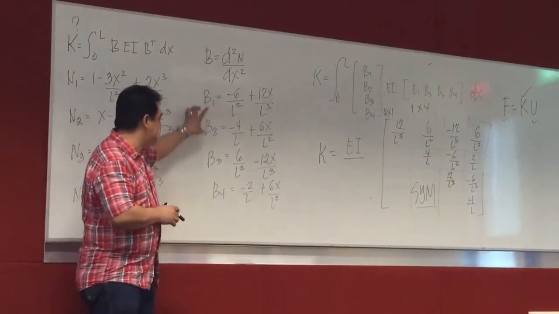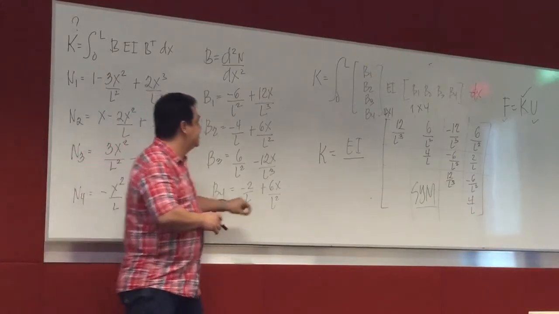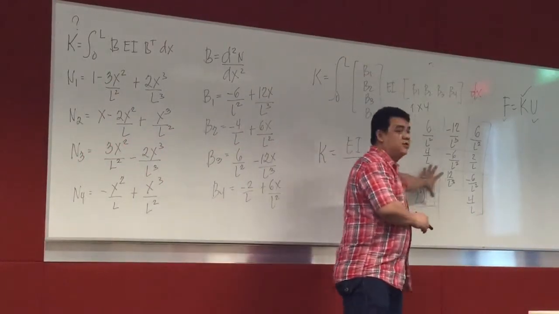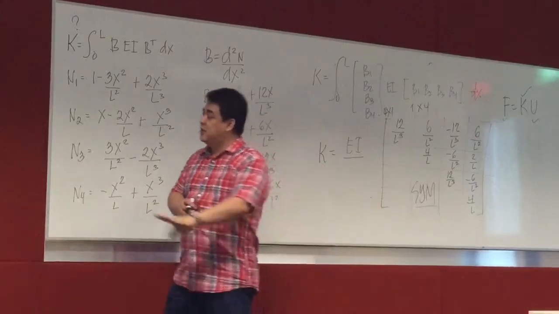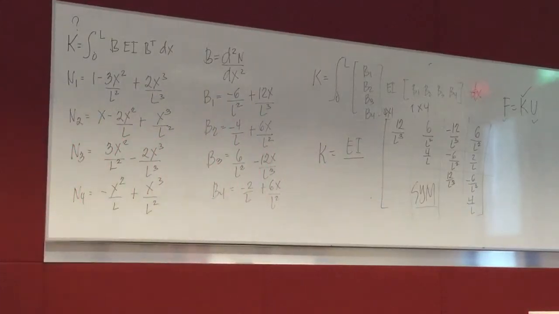You get your strain displacement values, integrate, you get your stiffness matrix. Very simple. But take note, we took it from the XY space, or X1, X2. We didn't even go to the mapping C1, C2, if you can recall what we did with the bar.